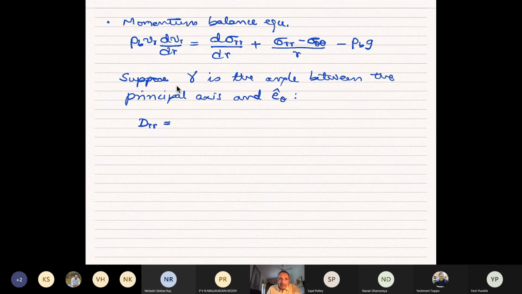Supposing this is the case, then we can write down our actual values of the deformation tensor, D rr and all, in terms of the principal components as just this. And we had done this for the stress, and exactly the same thing will hold true for this.